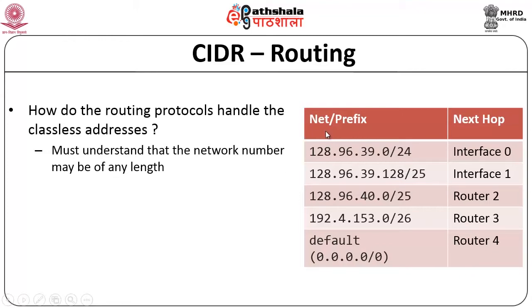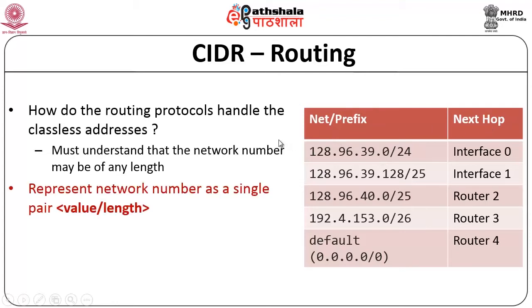You will have the network address followed by the prefix, and you will specify the next hop. What will actually happen is that every network is now represented as a value and length pair, and what we look for is a longest prefix match. That is, this number here gives us an identification of what this mask refers to. This is a 24-bit mask that needs to be applied, and we use the same masking procedure, which is a bitwise AND with the given network address.